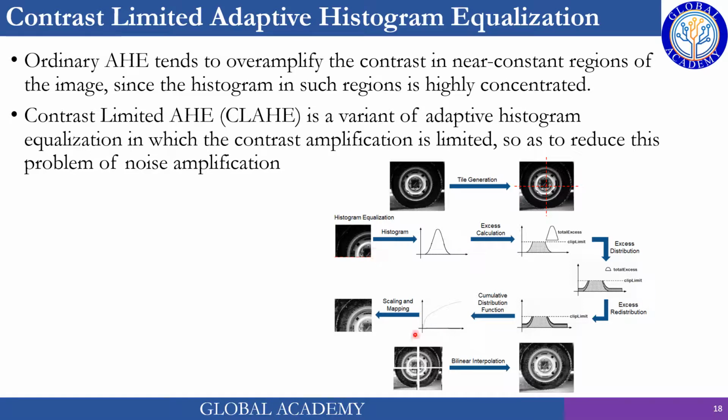Then use this cumulative distribution as a transformation, a lookup table, with this tile or input image to get an equalized image. Then you can repeat all these steps for all the tiles, and then stitch them together using bilinear interpolation, and you will get these results.